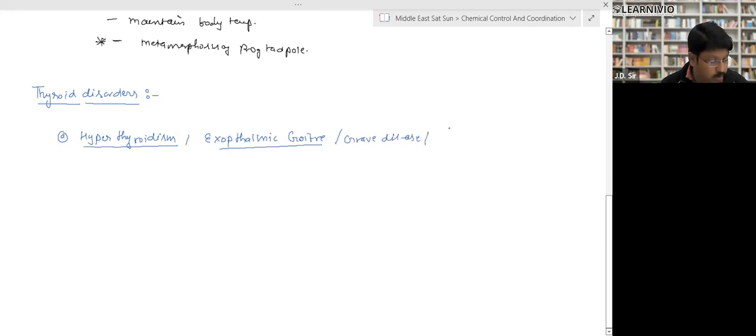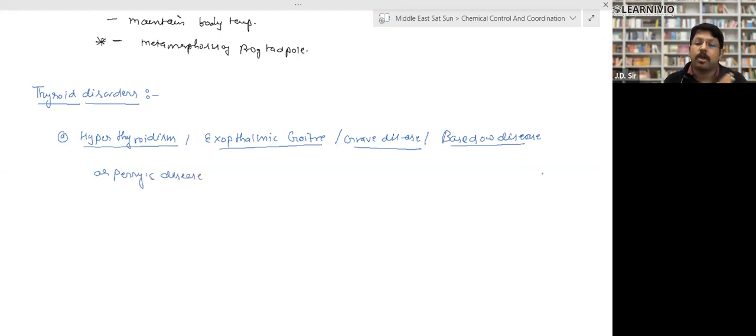It is also called Basedow disease, or Perry's disease. All these diseases are the same thing. That is hyperthyroidism, meaning oversecretion of thyroid.